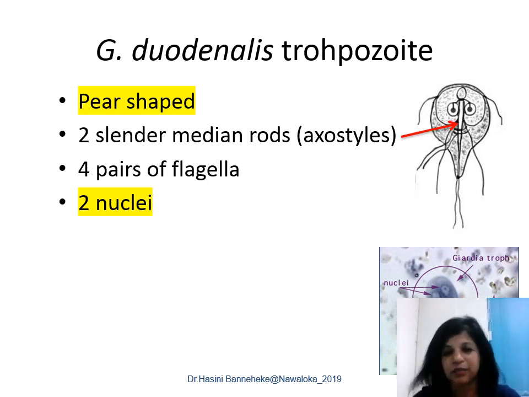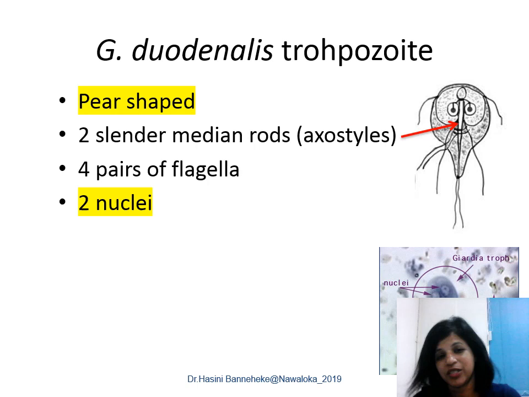It has the pear shape. Some people call it the old man's face because it has a human face-like appearance. It has the 2 nuclei on either side, which look like human eyes, and it has a central axostyle, which looks like the nose, and it has something like hair on the human head.